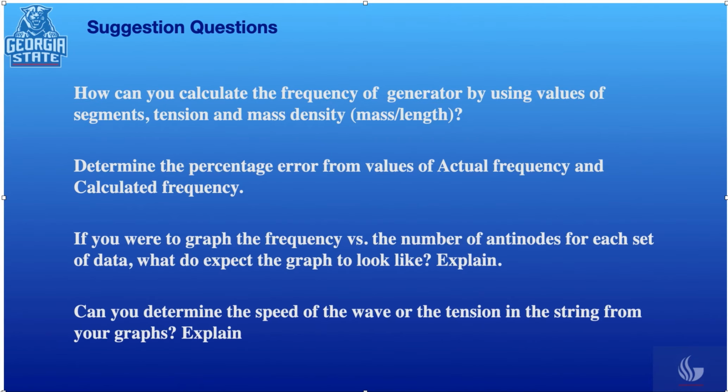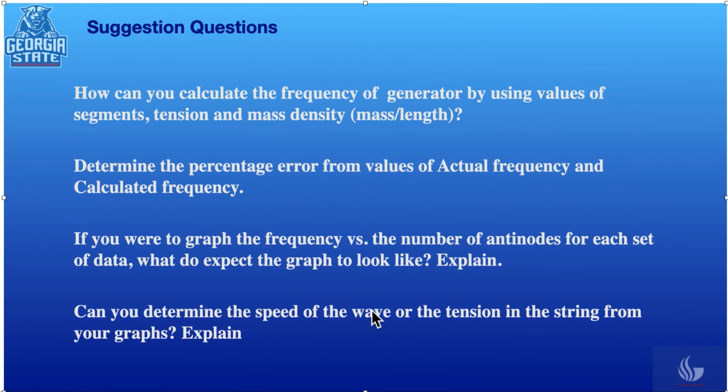For the last part, I already told you that there would be some questions and suggestions, and we will discuss any problems which may occur while performing this practical. First of all, I would like to add some suggested questions. The first question which can be added is how you can calculate the frequency of the generator by using the values of segments, tension, and mass density.